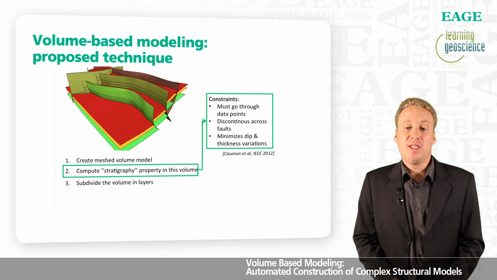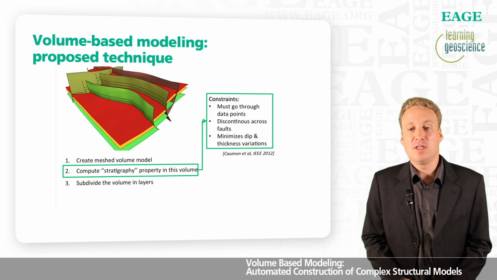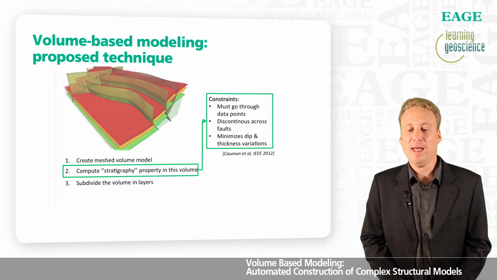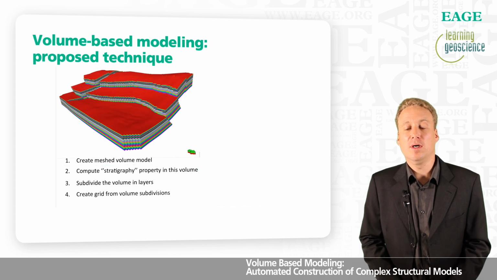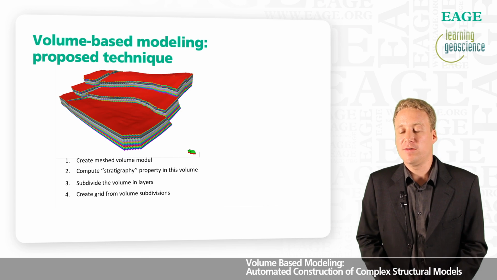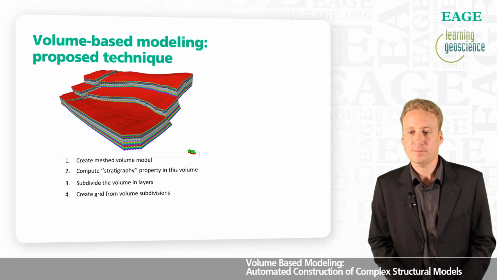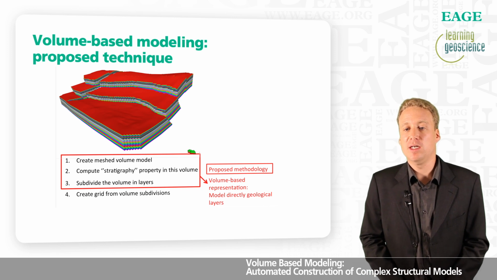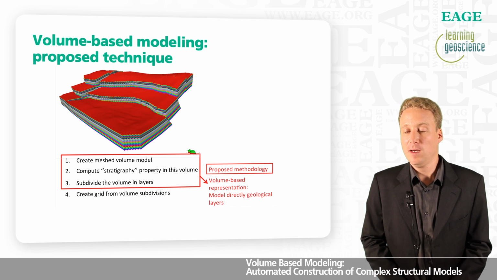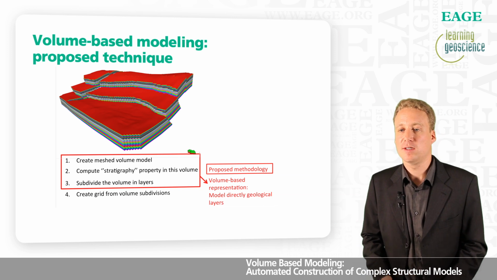This stratigraphy property is then used to subdivide the volume into several layers, and the volume model that is built this way can be used to create a grid, which is the end product of our technique. That's a volume-based technique because we are modeling directly geological layers and not the interfaces between these layers.